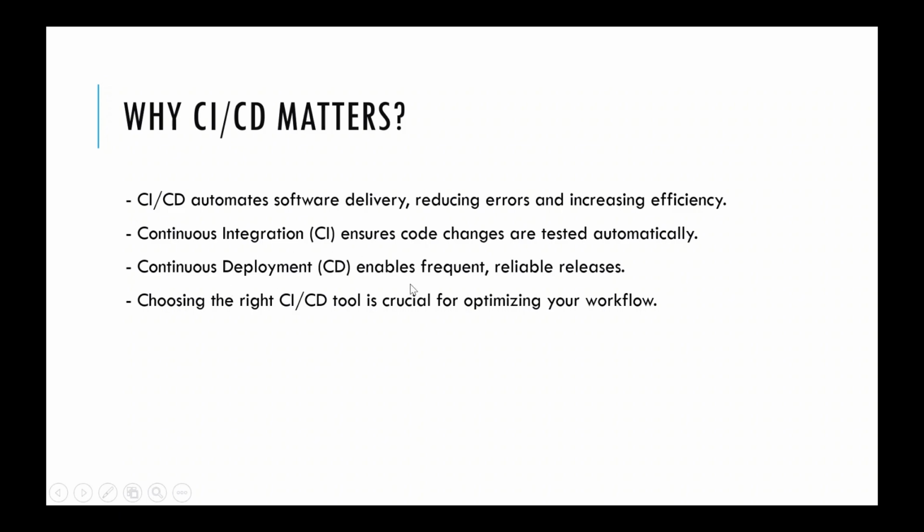Continuous deployment enables frequent and reliable releases. Once your continuous integration pipeline is complete and they publish the artifact, it will trigger the continuous deployment pipeline, which will run after every deployment of the continuous integration pipeline.